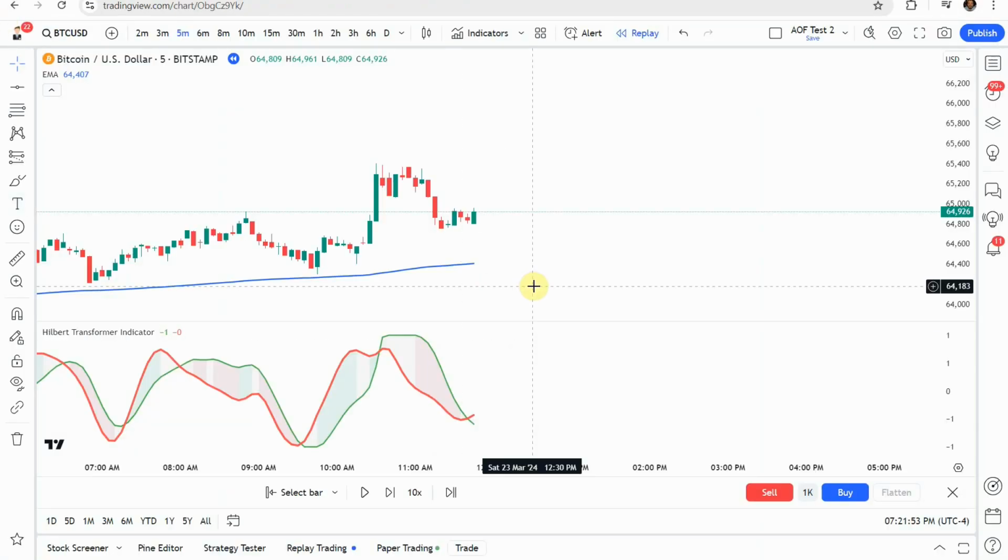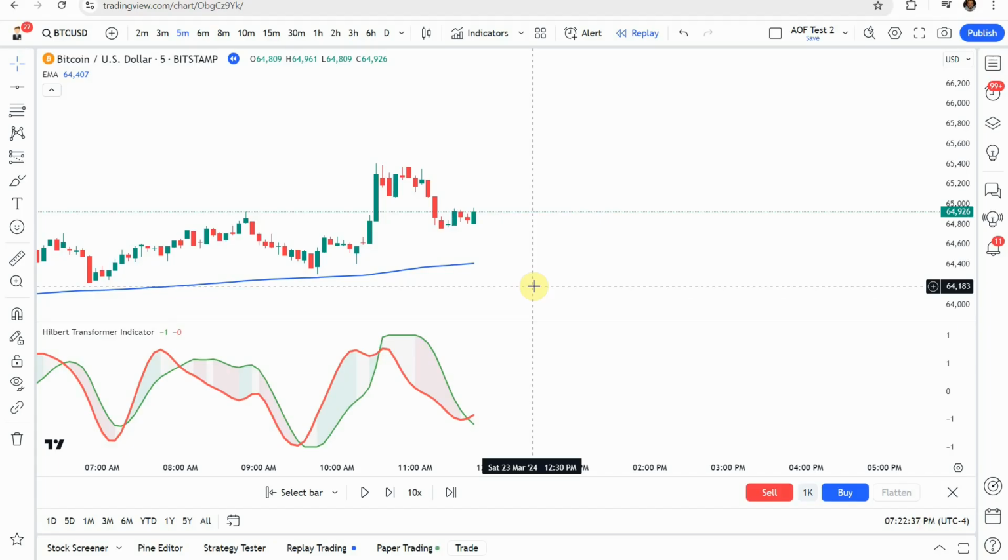Alright, as I said, today we will be testing a crypto scalping strategy. And so the source video says detecting market cycles with the Hilbert indicator. Basically the source video goes on to show the Hilbert transform indicator, and then explains how it is used to identify the market cycle, and goes into more detail on how the indicator itself works.